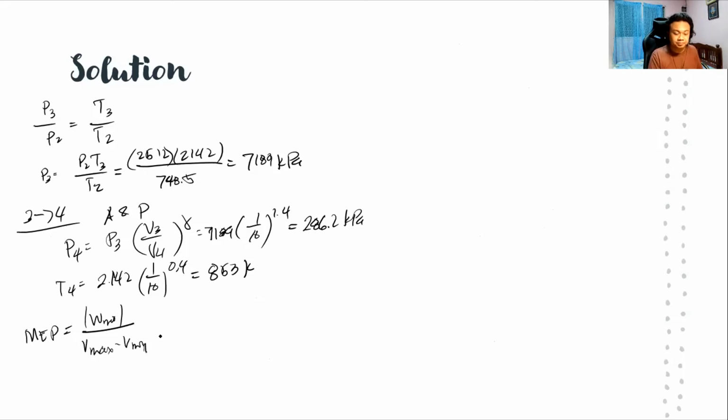Okay, so to get the net work, we have to solve for the individual work now. So for step 1 to 2, the work there, we have to solve for it. So what formula of work are we using, diba? Let's go back to the first law of thermodynamics.